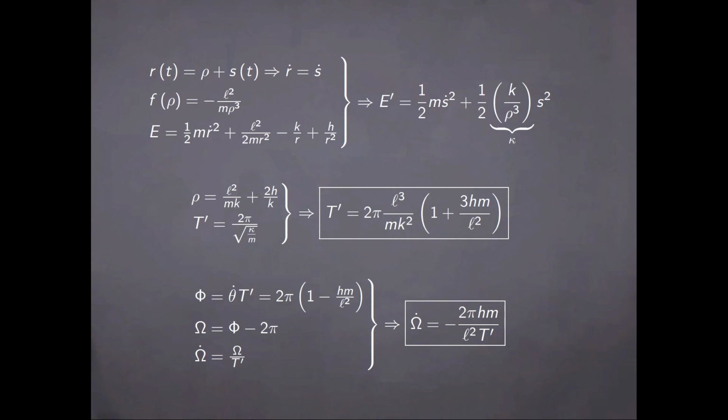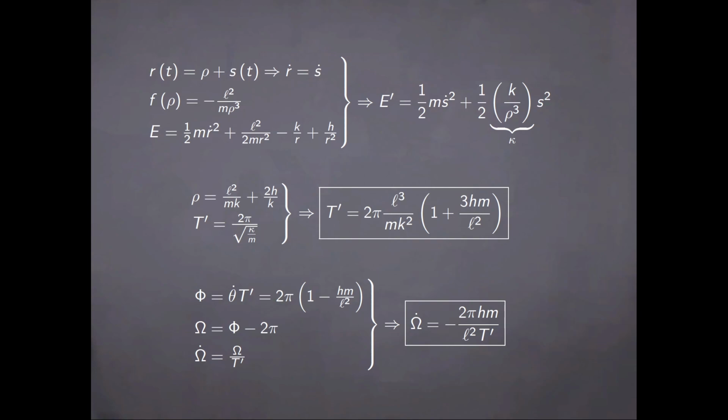So if we were to look at small radial oscillations about some circular radius rho, then we would write the radius as a function of time in this way, and this would be the radial velocity. The circularity condition at the value rho of the radius would be given here, and the total energy would also follow through this expression, which includes the kinetic term, the centrifugal term, the Kepler term, and our perturbation.